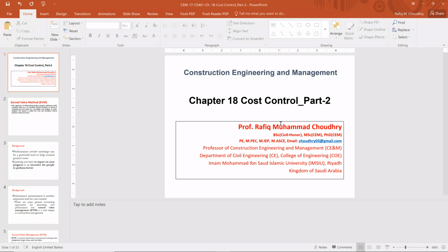So with this, we have finished how to find out values with the earned value method.